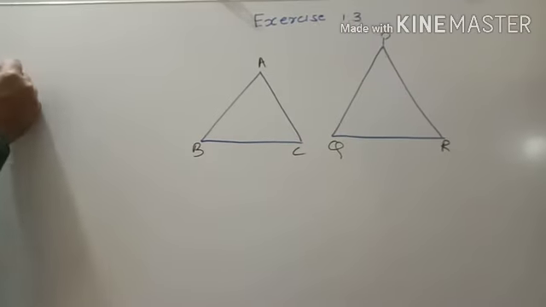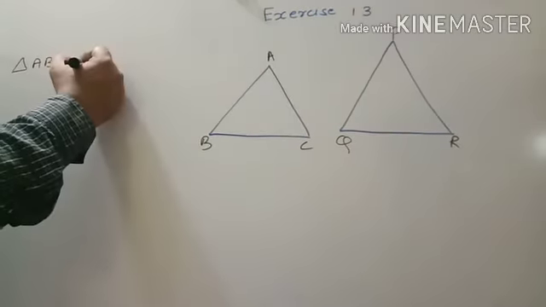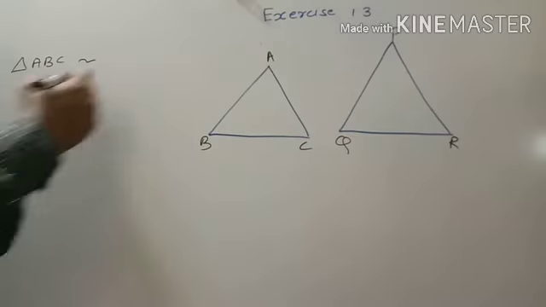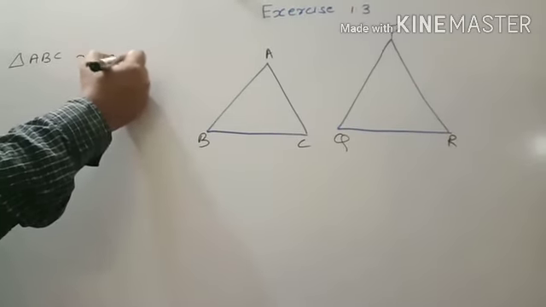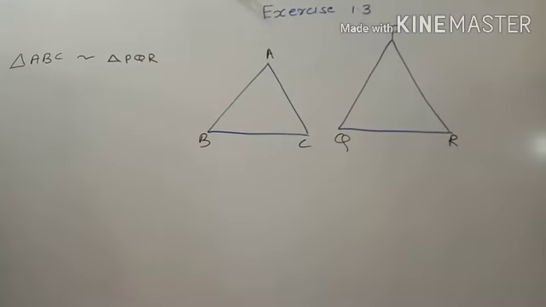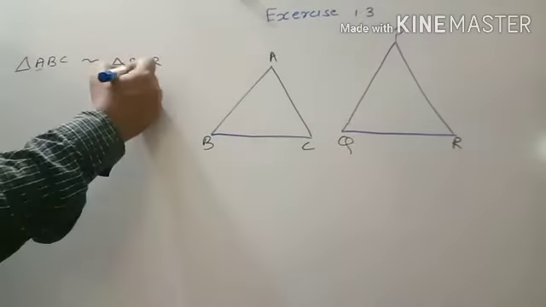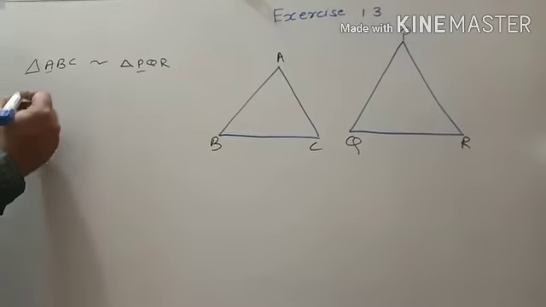The symbol of similar is like this: triangle ABC similar triangle PQR. In this case, when two triangles are similar, then their corresponding vertices, corresponding angles are also congruent.